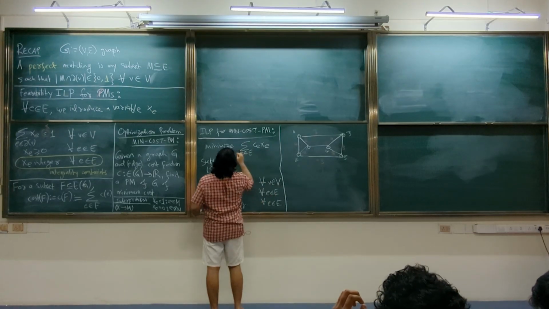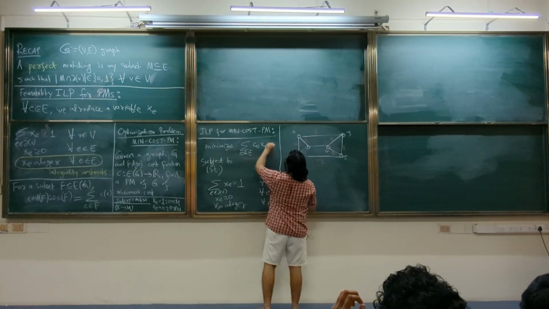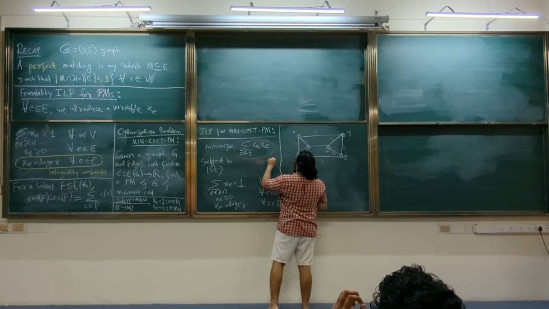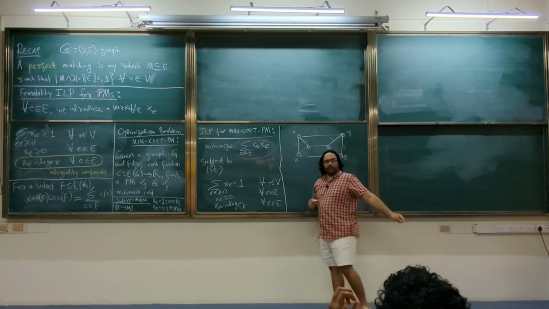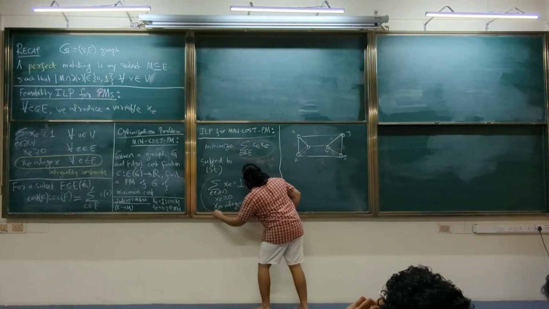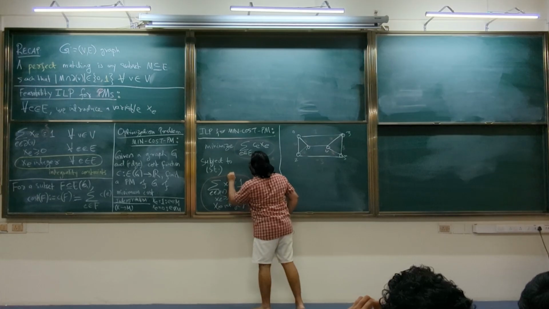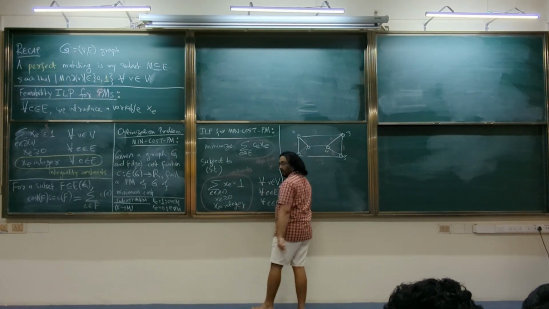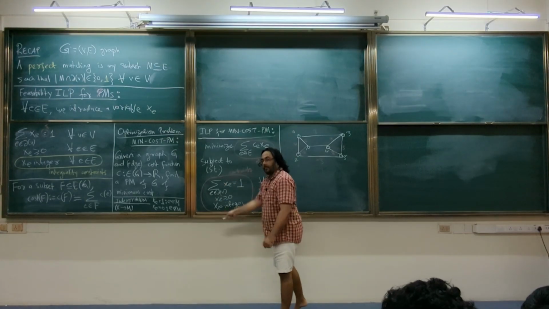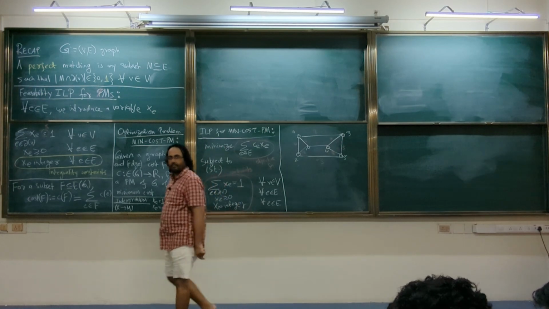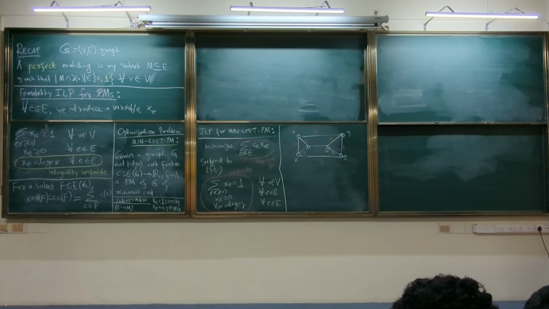This is called the objective function, whatever you're trying to minimize or maximize, and these are called your constraints. So within all solutions to the system, we are trying to find one that has minimum cost.